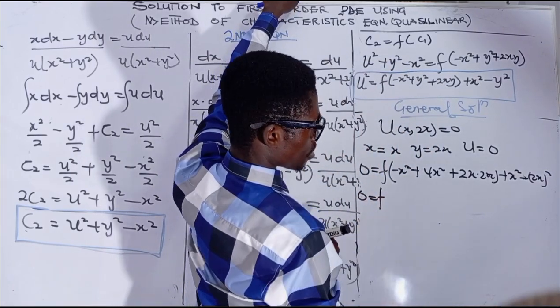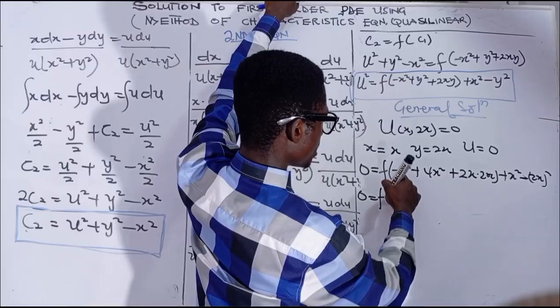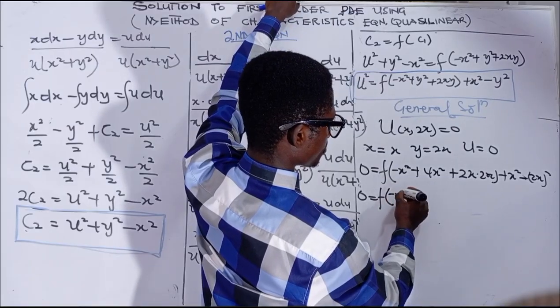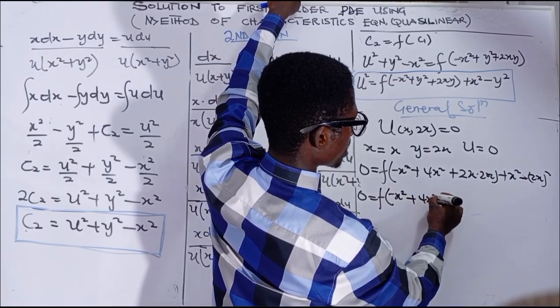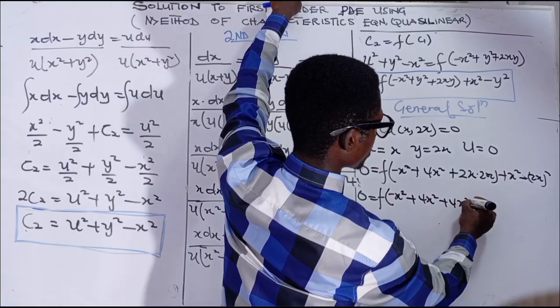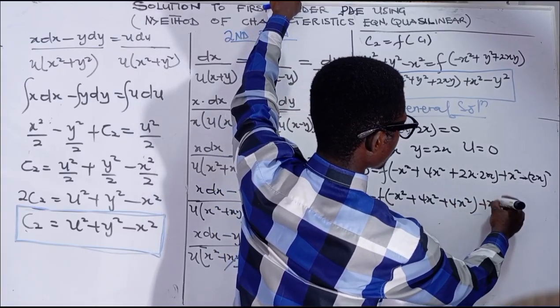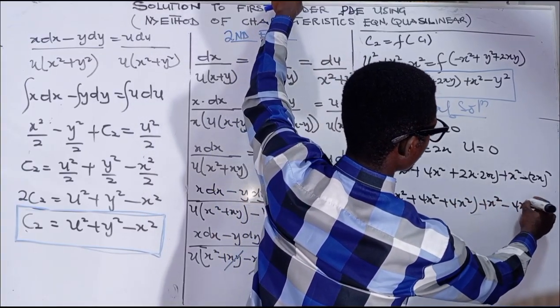So let's do some small simplification. This is giving us minus x squared plus 4x squared plus 4x squared, and then we have plus x squared minus 4x squared.